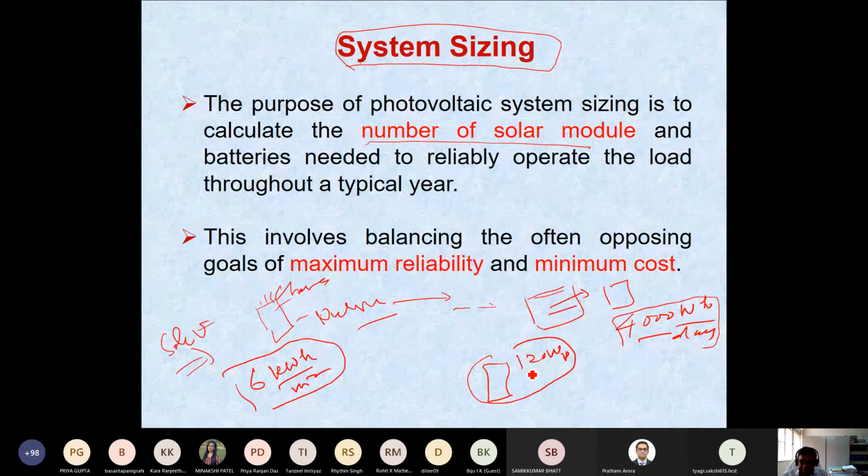The problem is that it is not easy to estimate how many watt hours one solar module will produce in a day, because 120 watt peak is rated against 1000 watt per meter square.